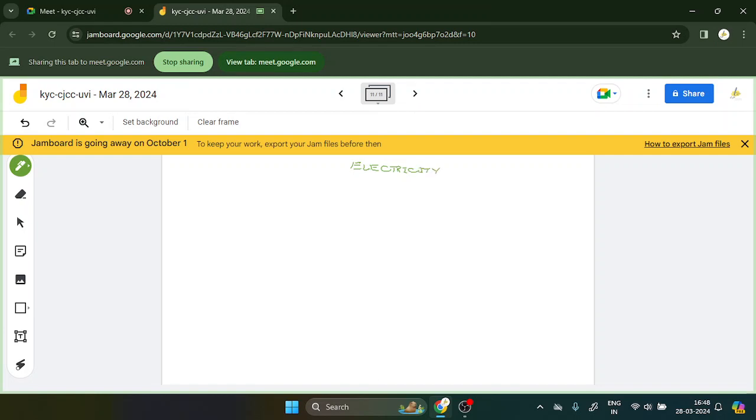Number one is static electricity, and another one is current electricity.